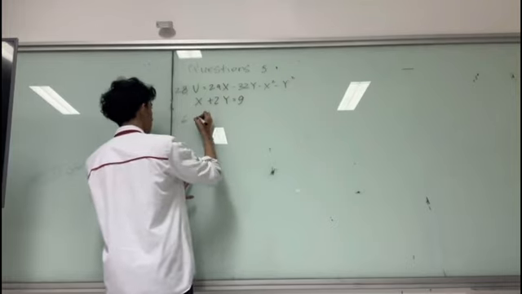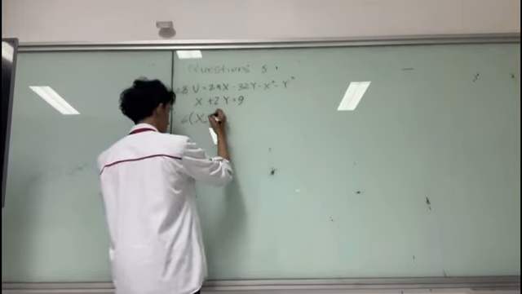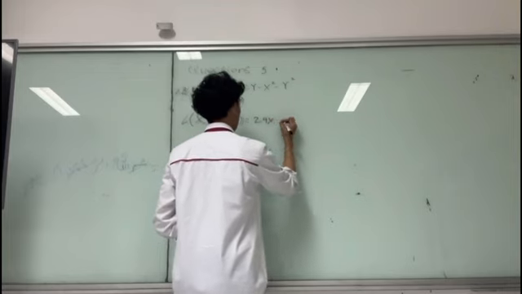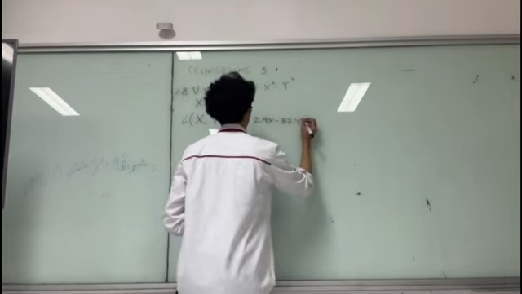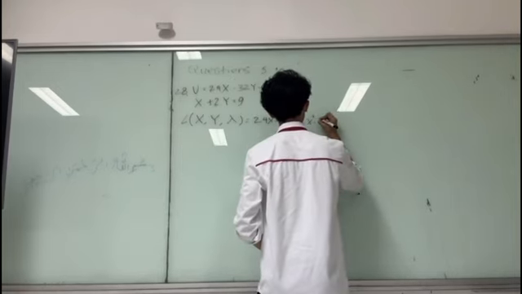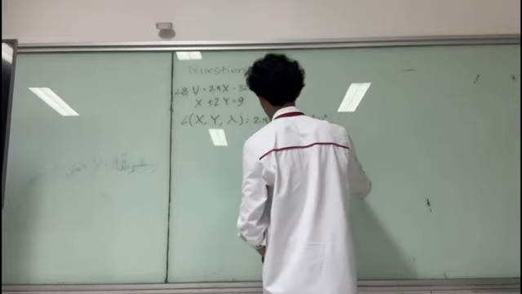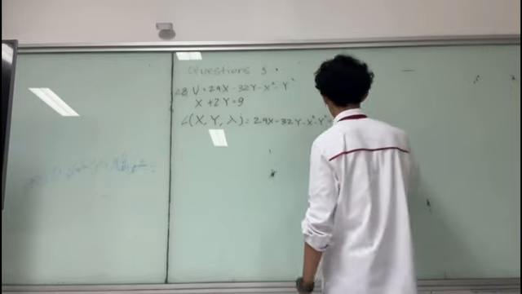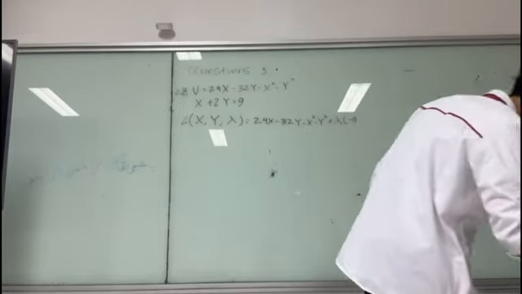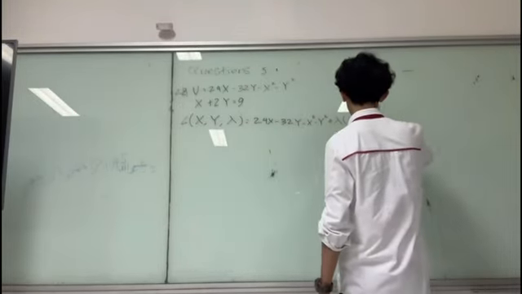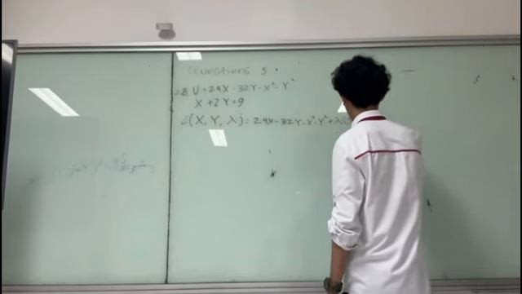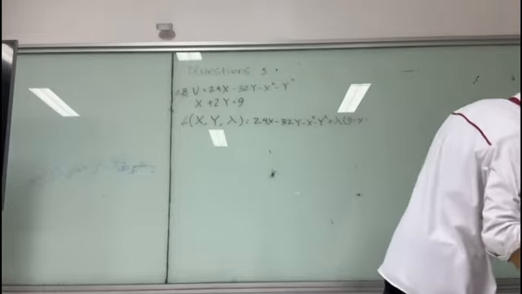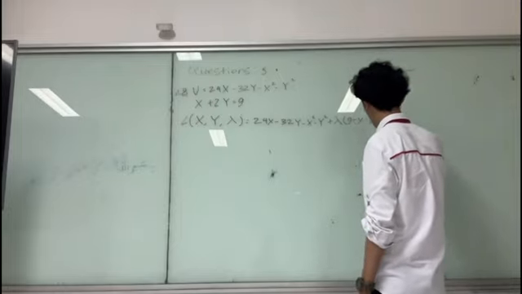Remember the Lagrangian equation, which equals 24x minus 32y minus x squared minus y squared, minus lambda times the bracket 9 minus x minus 2y, like this.